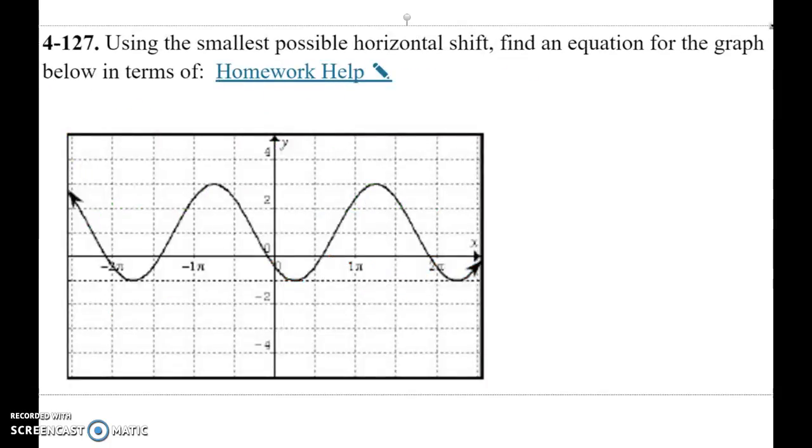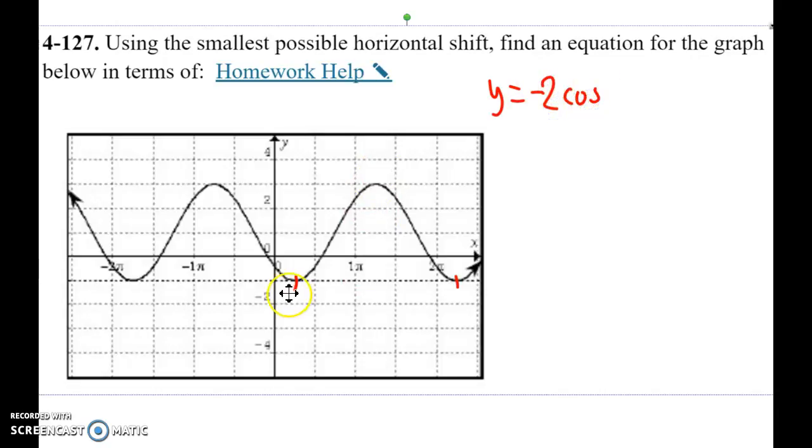This problem asks to write the equation in terms of sine and in terms of cosine. So if I'm doing cosine with the smallest possible shift, I'm looking at it from here to here. So that's a negative cosine. So I know my amplitude's negative, and the total goes from -1 to 3, so my amplitude is 2.